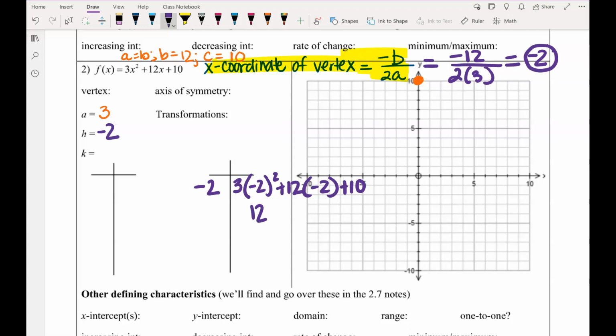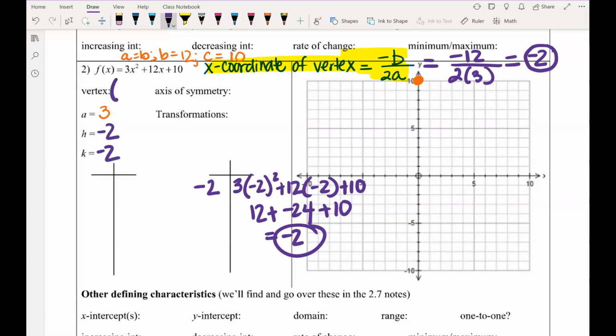All right. Plus 12 times negative 2 is? Negative 24? Plus 10? Someone verify that basic math for me. Does that look okay? 12 and a minus 24 would be now a minus what? 12 plus 10? Negative 2.